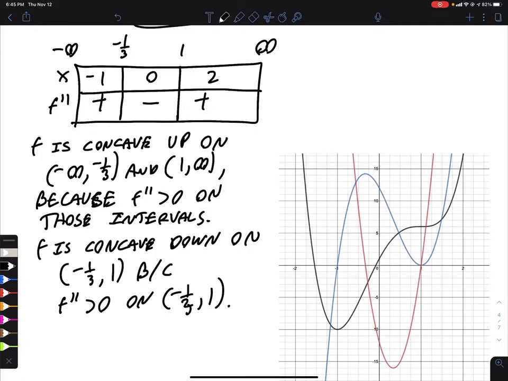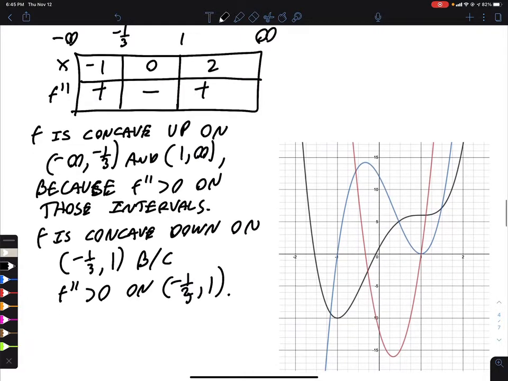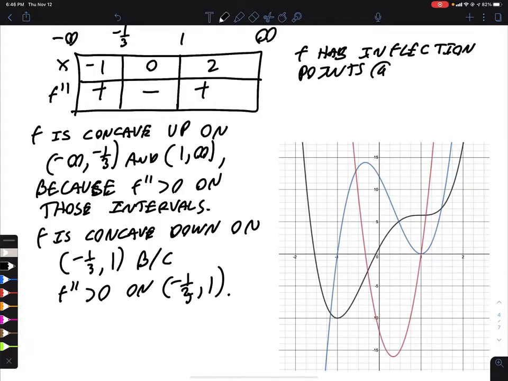We're almost done. They also ask for inflection points. Inflection points occur when the second derivative changes signs. The second derivative went from positive to negative there, and from negative to positive there, so those two are inflection points. So I will say f has inflection points at x equals negative 1/3 and 1.